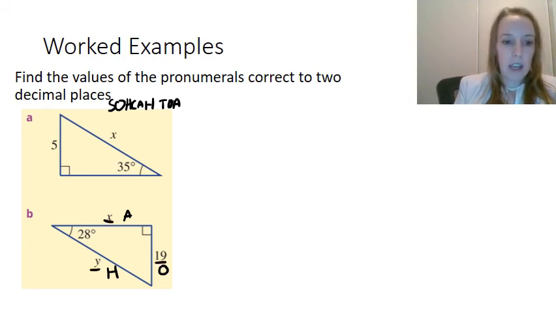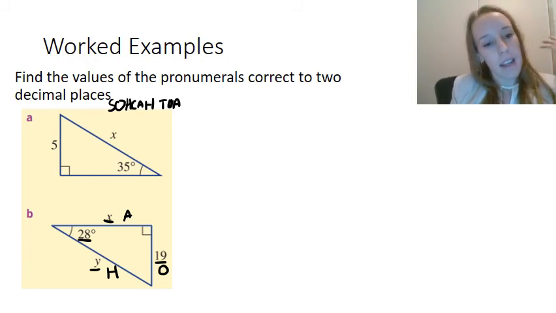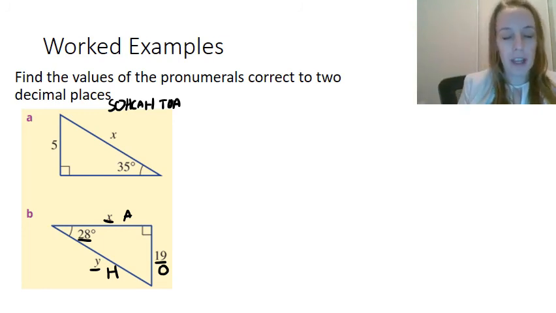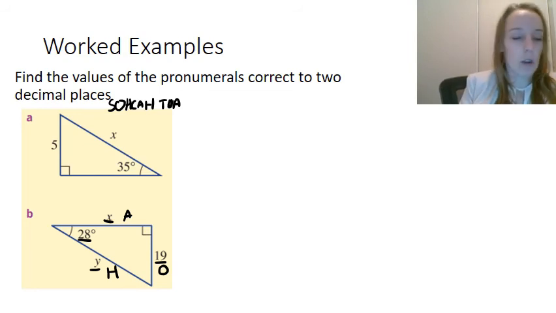We've actually got 2 unknowns and only one side is known. So from here, there's a few ways you could approach this. Obviously we're going to have to use the opposite, because that's what we've got a value for. So we can either use sine or we can use tan. I'm just going to use tan to solve for x first.